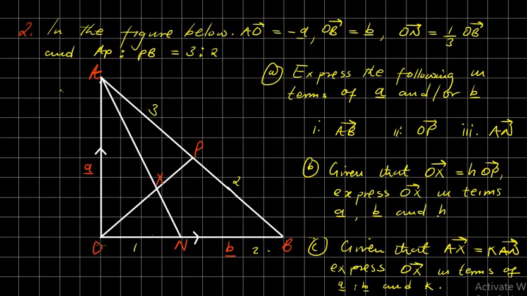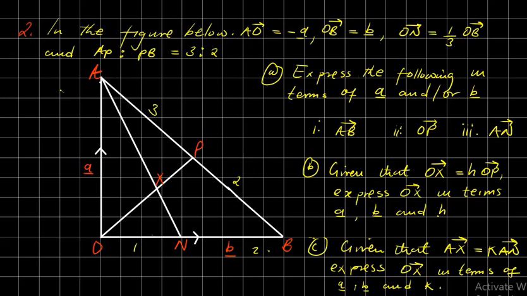To find the vector OP, we can either use this path OB plus the vector BP, or we can use this path, OA, then AP. Either way it can give us the vector.